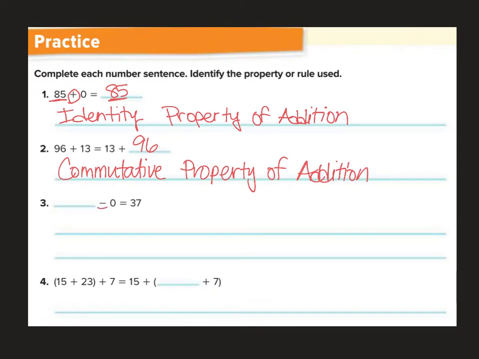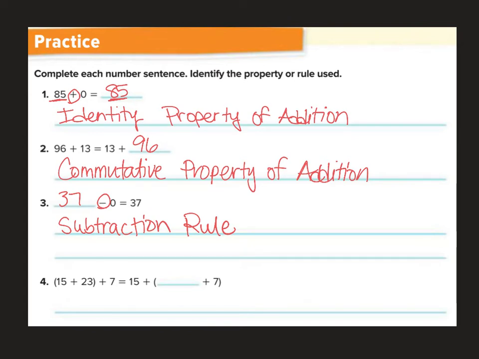Next, we're doing a subtracting one. Something minus 0 is 37. Well, it's going to be itself, 37, right? So here we have the subtraction rule that any number where 0 is subtracted from it is that number.